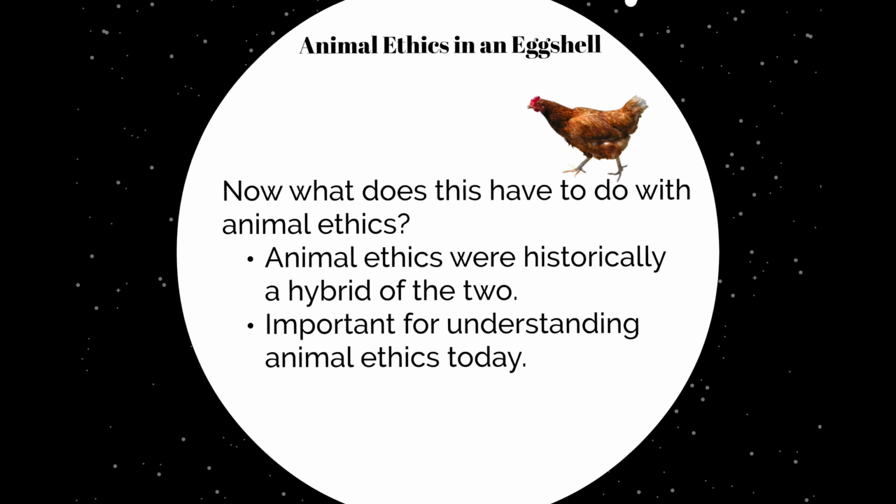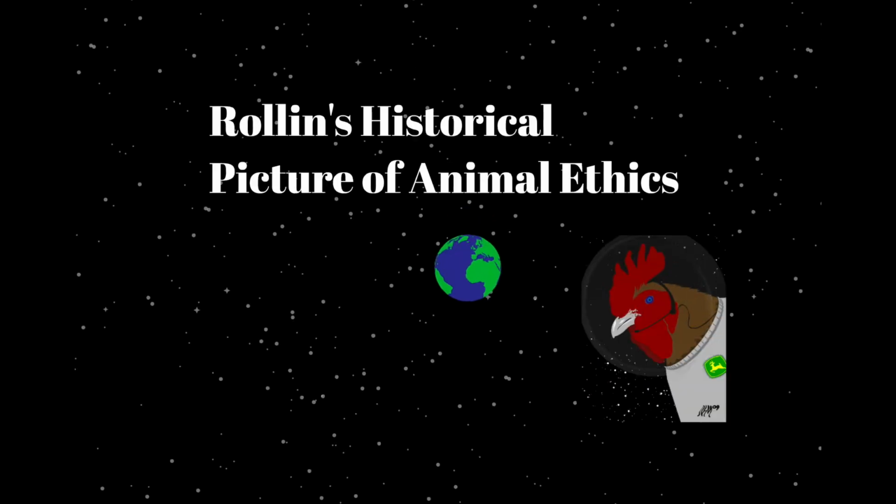So for Bernie Rollin, the reason why we're talking about animal welfare and animal ethics since the 1970s, and the reason why we haven't been talking about these prior, is because we have both an individual ethic and a social consensus ethic that guides our use of animals. So animal ethics historically were a hybrid of both of these, the individual and the social consensus ethic.